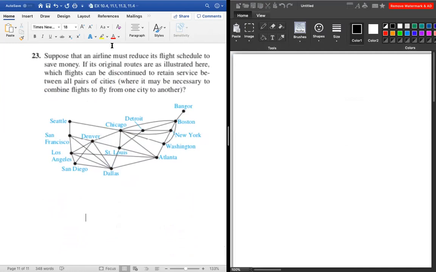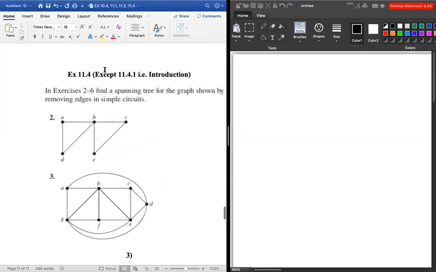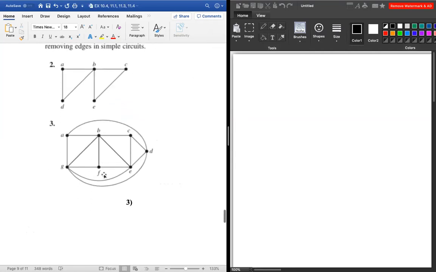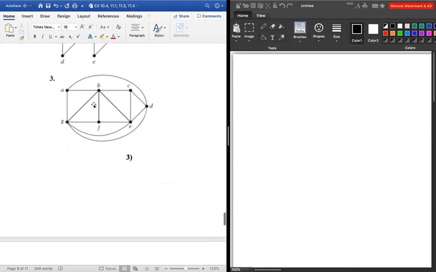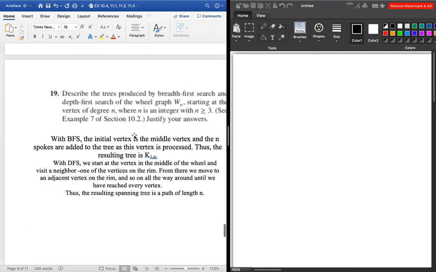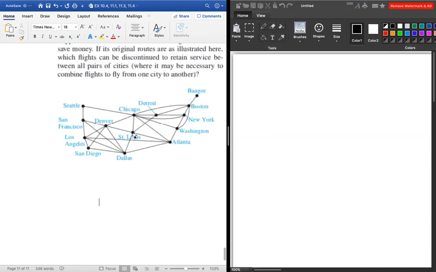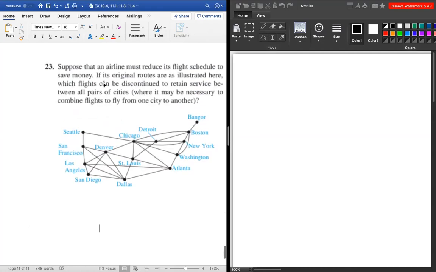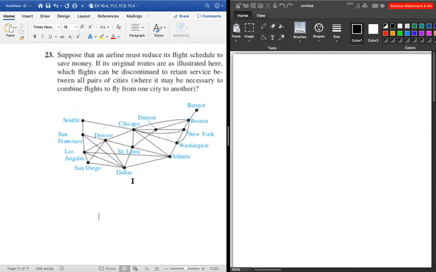If its original routes are as illustrated here, which flights can be discontinued to retain service between all pairs of cities, where it may be necessary to combine flights to fly from? So basically, it is something that we have done already, when we were creating the spanning tree. We were basically cutting down the unnecessary routes. Now, this is another example. So we're cutting down the routes that we don't want because the airline is trying to save some money.